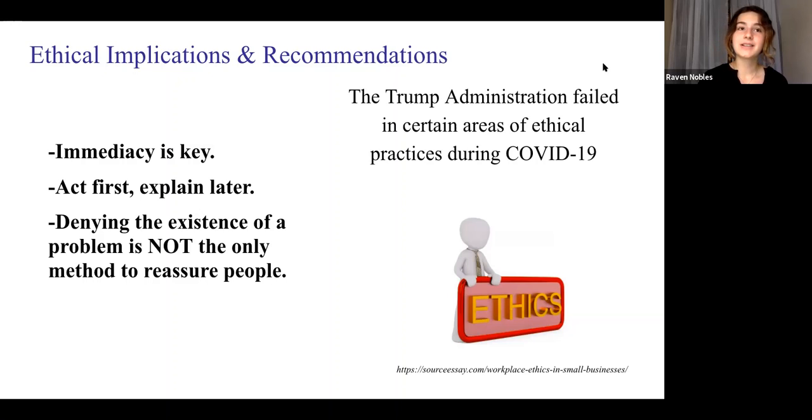While his major goal for his campaign was America First, withdrawing from WHO did make sense, and many Americans were proud of him for doing that.